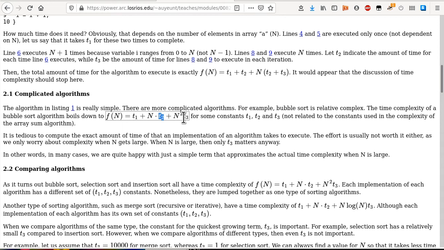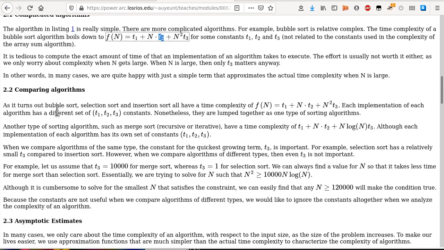So when we compare algorithms, moving on to section 2.2 at this point, we typically don't want to know what T1, T2, and T3 are.